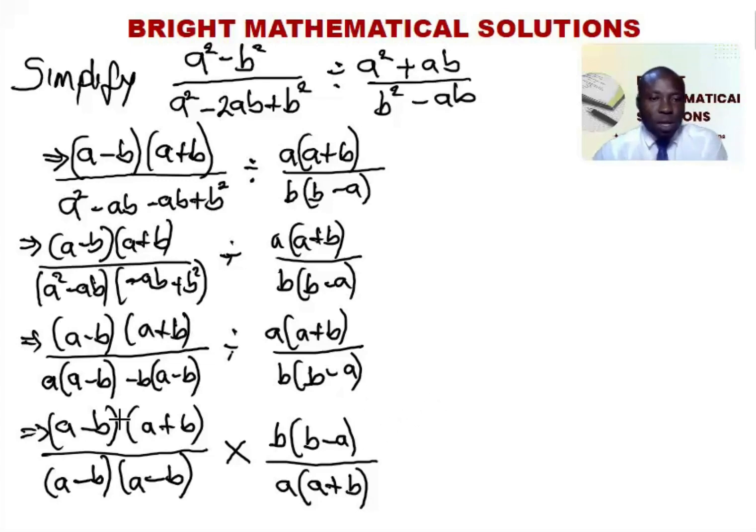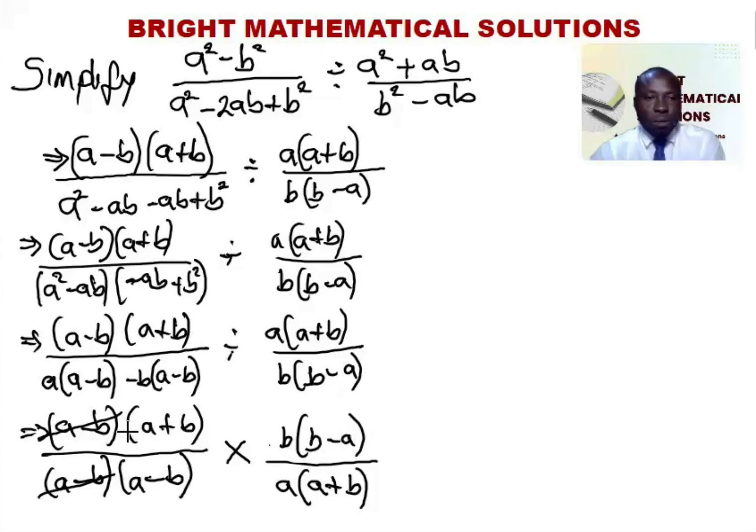Now let us look at what we can cancel from here. We have a minus b here, and we have a minus b here. We have b minus a here, so there is no b minus a to cancel, sorry. So what we have here is b into brackets b minus a.